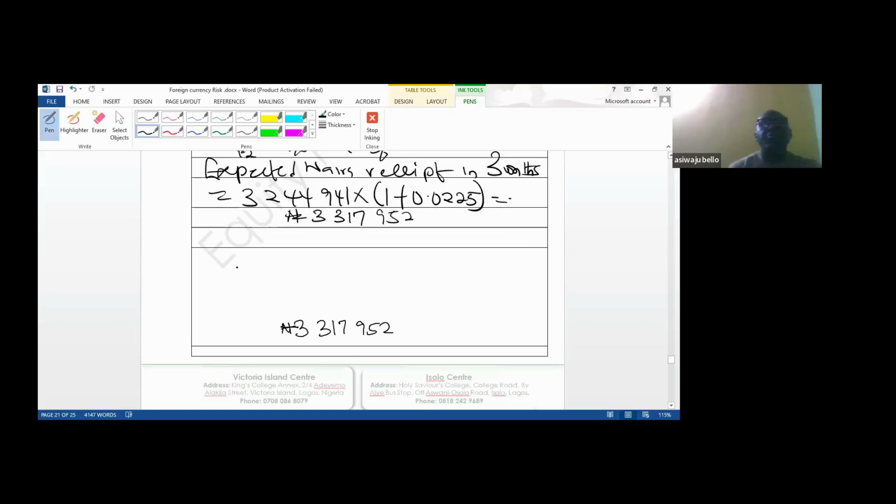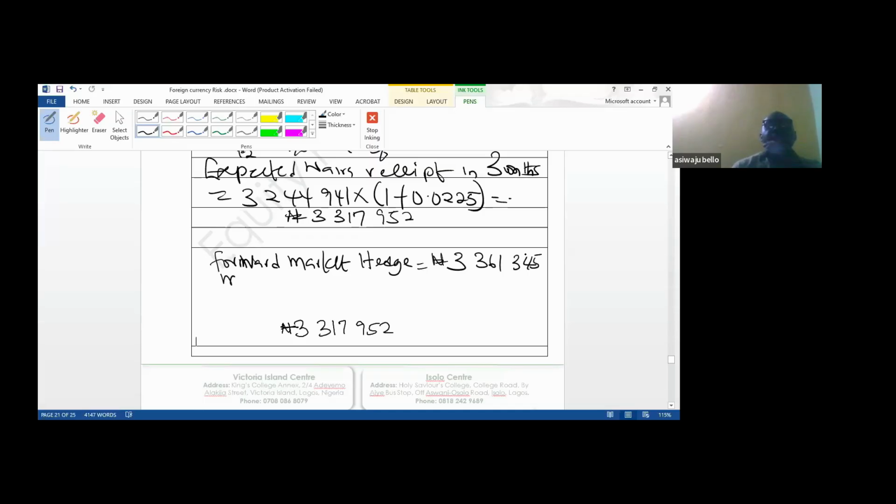This is 3,317,952. Now compare for forward market hedging. The Naira receipt is 3,361,345.